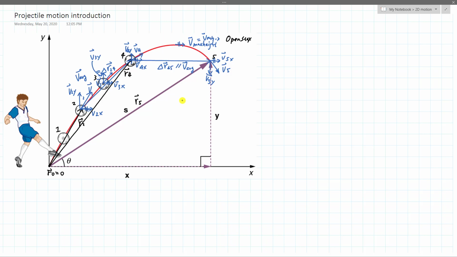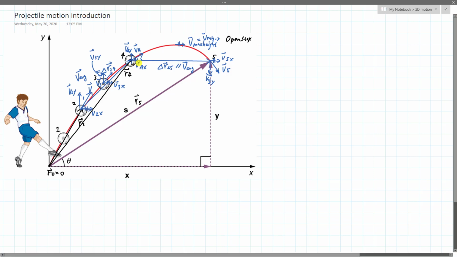So the vertical motion in the projectile motion is exactly the same as the free-fall motion. There's no difference. The horizontal motion, on the other hand, is a constant velocity motion. It just keeps proceeding forward until the motion is stopped, say the ball hits the ground, the grass.